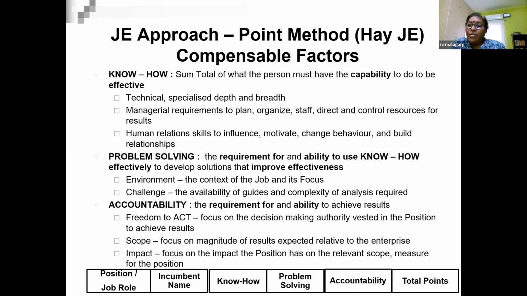Otherwise, the Hay method is just like a point method. You calculate the total point value, and then thereon you are doing exactly what Naveen did here. For all of you to see, you just have to then calculate the slope, intercept, and then calculate the pay line salary. Okay, guys? All right.